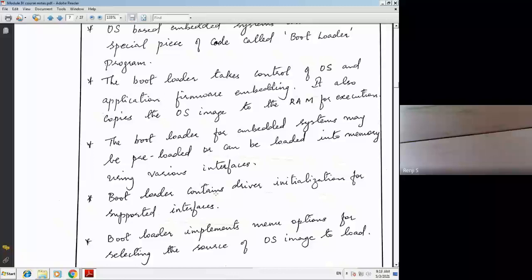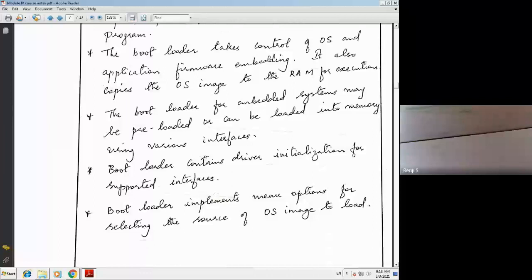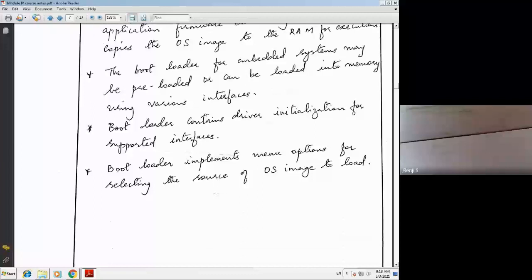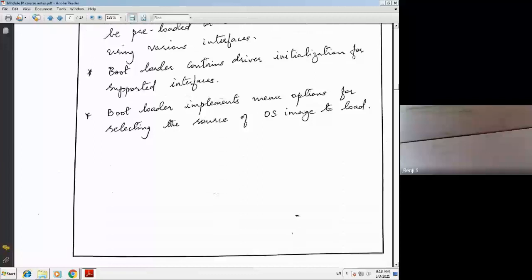It contains all the initialization programs for supported interfaces, implements menu options for selecting the sources of OS images to load, and it is the bootloader which then controls the entire embedded system.